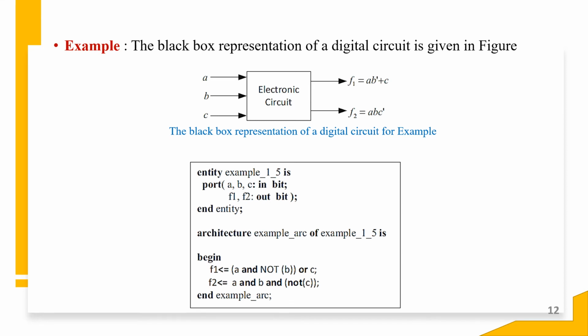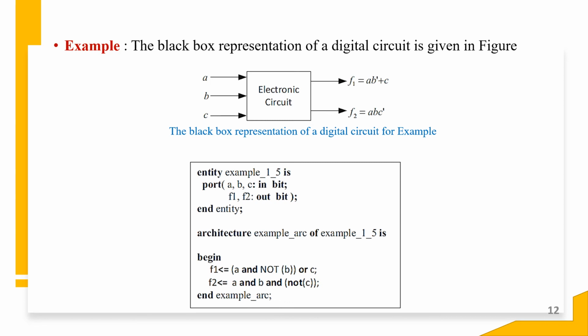After that, write port: A and B and C are input, and the type of input is STD logic or bit. F1 and F2 are output, bit or STD logic.